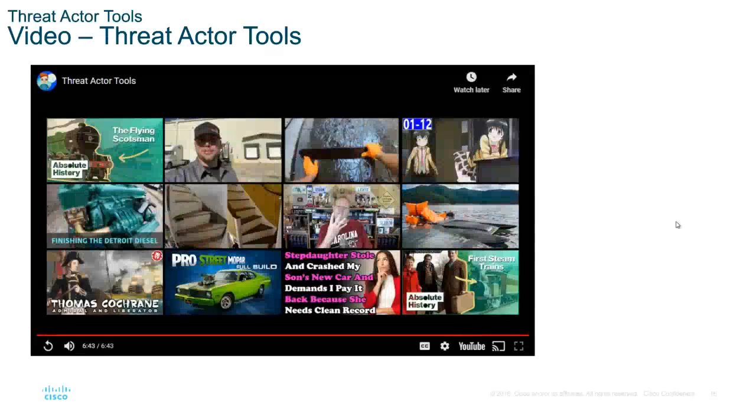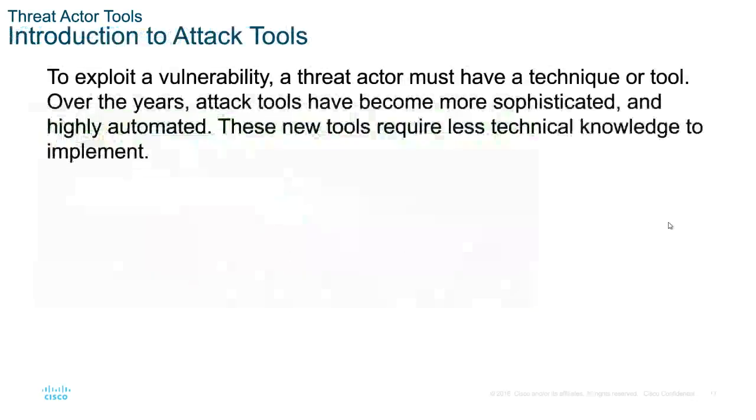All right. So that was the video of this next little bit. So basically, you saw from there that there's many tools and ways of attacking a system.